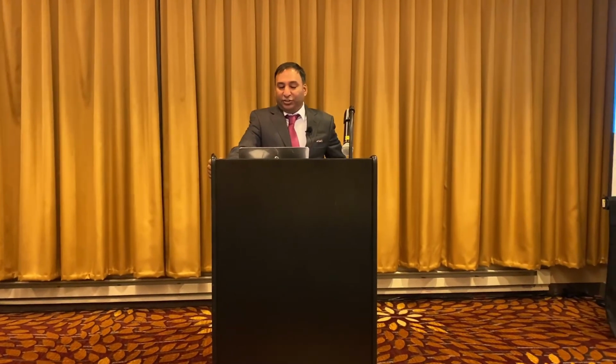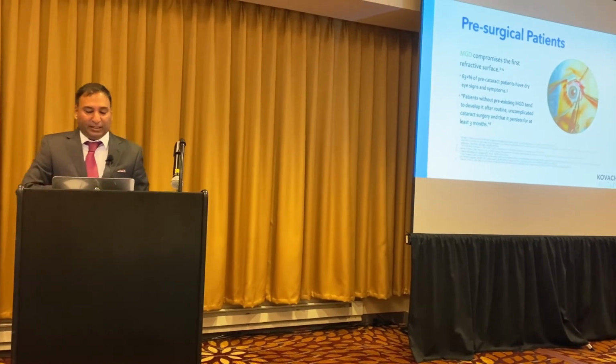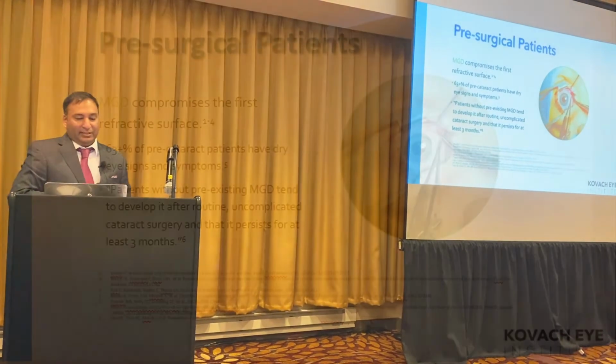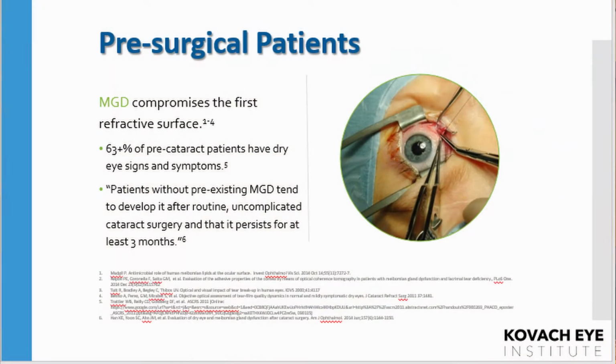From a pre-surgical standpoint, there's a study showing about 63% of pre-cataract patients have dry eye signs and symptoms. I think it may be higher than that. I was in surgery last week with an older gentleman who had very severe MGD, and during the case, it literally looked like fruit.